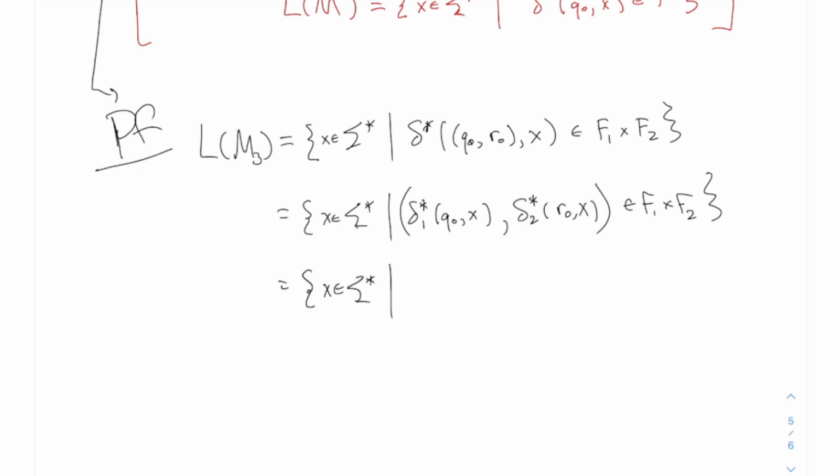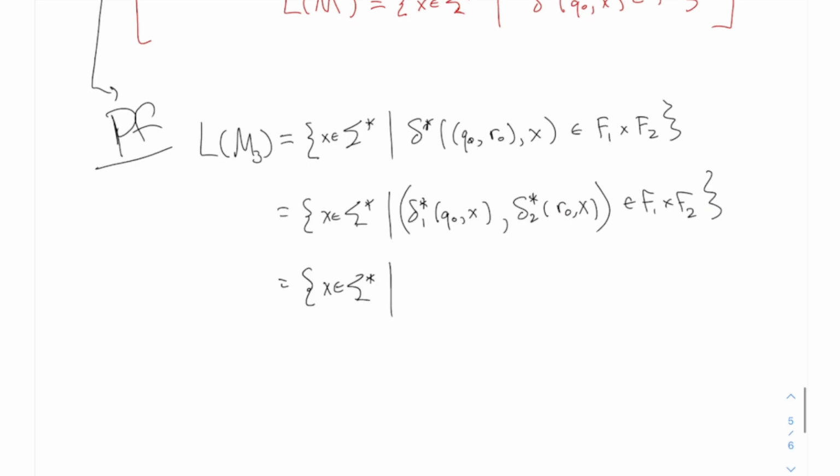Right here, what it says is this pair is in this set of pairs. Remember what that set means? It means the set of all things where the first thing is in F1 and the second thing is in F2. And so I'm going to rewrite this by saying this first thing is in F1 and the second thing is in F2. That's what it means for this pair to be part of that product set.